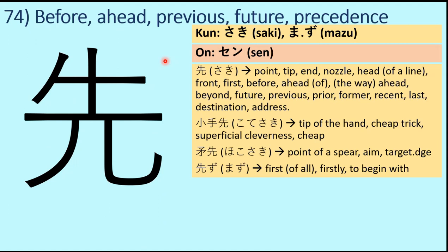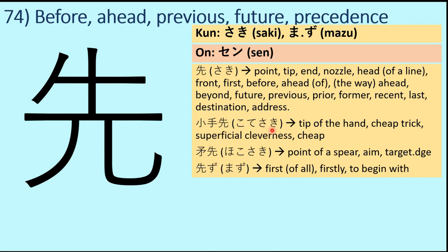Saki means point, tip, end, nozzle, head of a line, front, first, before, ahead of, the way ahead, beyond, future, previous, prior, former, recent, last, destination, address. Then we have kotesaki.